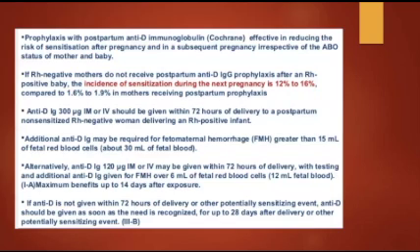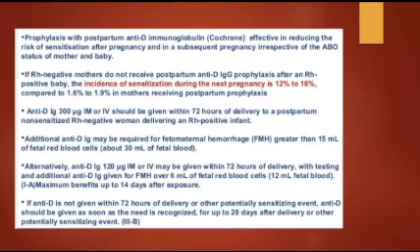Prophylaxis with postpartum anti-D immunoglobulin is effective in reducing the risk of sensitization after pregnancy and in a subsequent pregnancy, irrespective of ABO status of mother and baby. If an Rh-negative mother does not receive anti-D immunoglobulin prophylaxis after an Rh-positive baby, the incidence of sensitization during the next pregnancy is actually high.